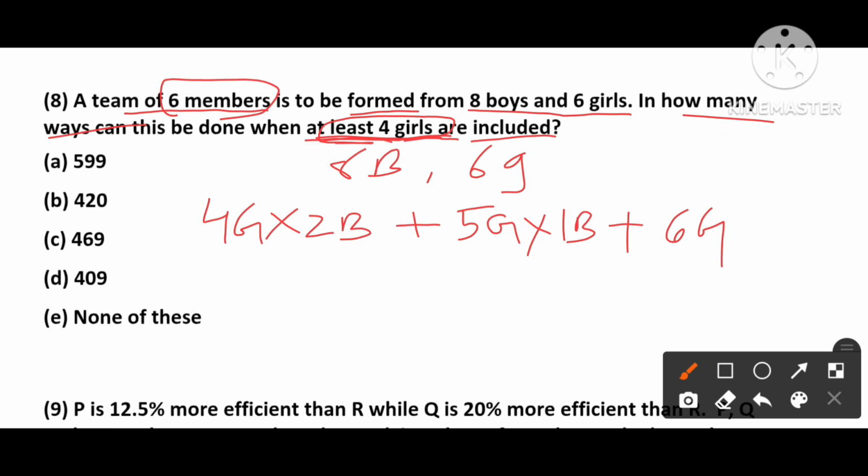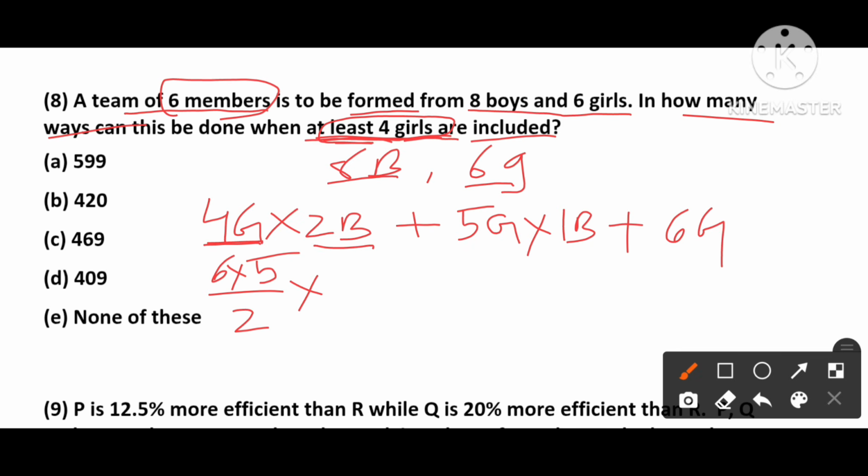Okay, let's see. 4 girls. Total here 6 girls, so we need to take 4 girls, means 6C4. 6C4 we can write as 6C2 also. 6C2 value will be 6 into 5 divided by 2. Into 2 boys.